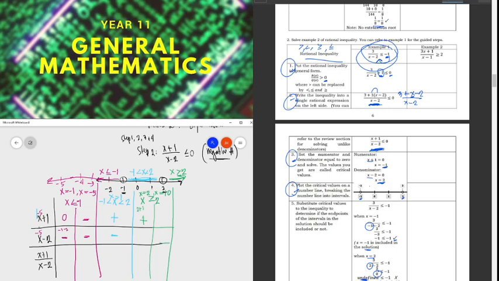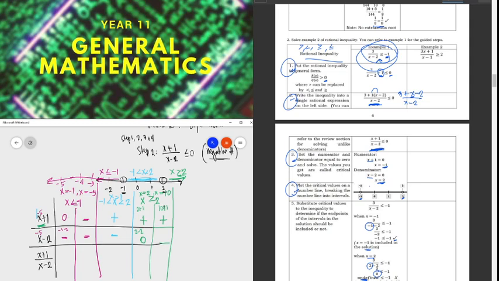If x is equal to 10, then 10 plus 1 is still positive. Get it? Next, if I use 2 here, 2 minus 2 is 0. I'm going to put 0 here, the same as here, negative 1 plus 1 is 0.